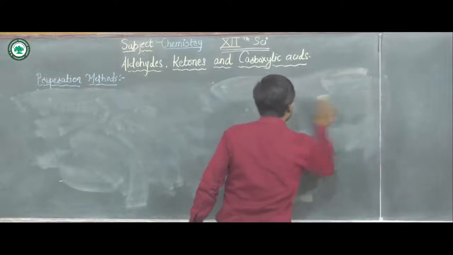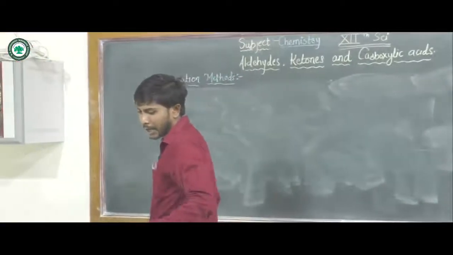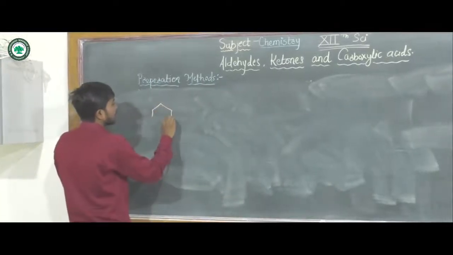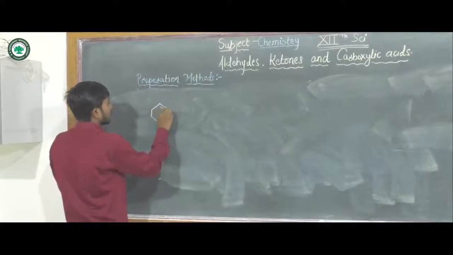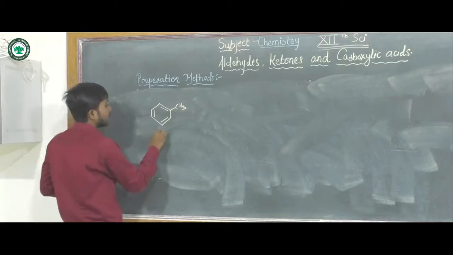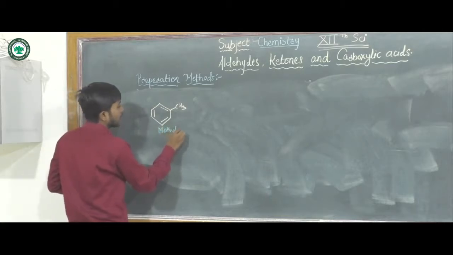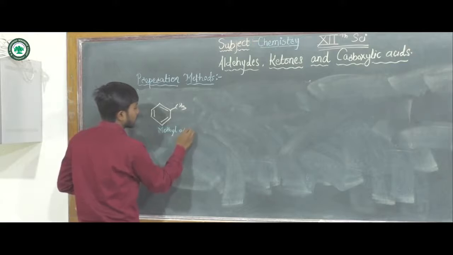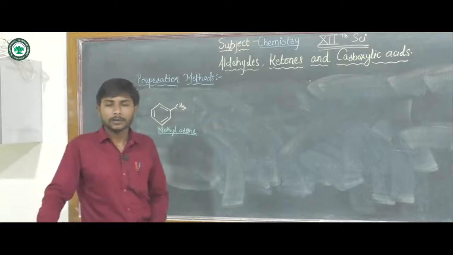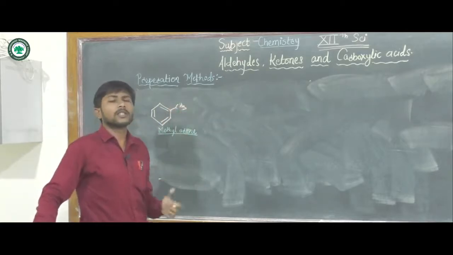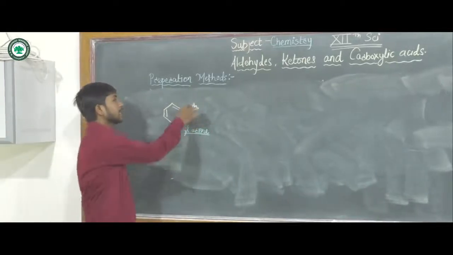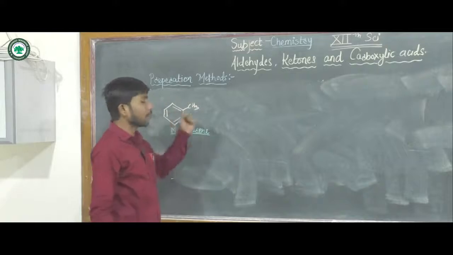As we know, toluene can generally be named a methyl arene. By using different oxidizing agents we can oxidize this hydrocarbon.